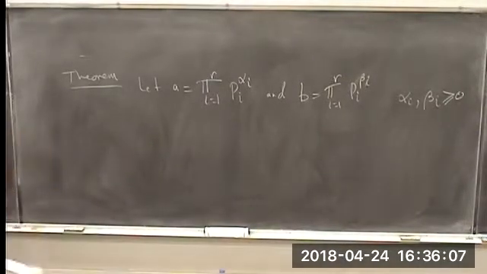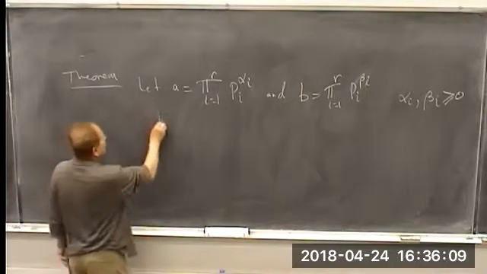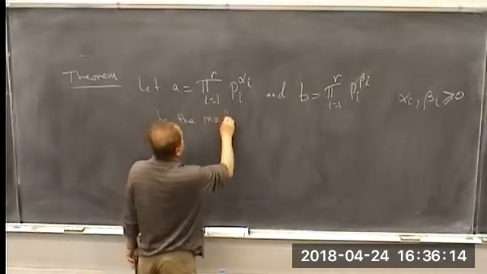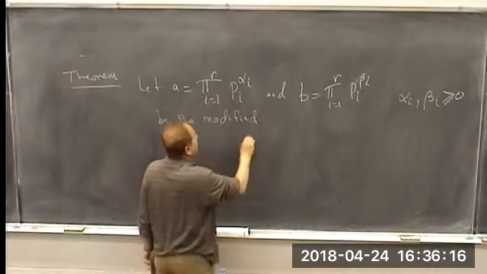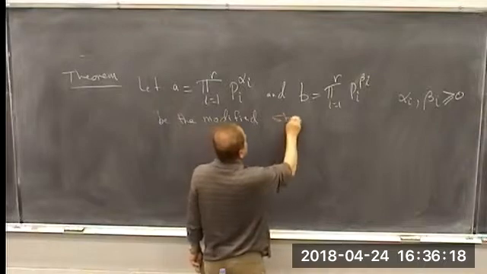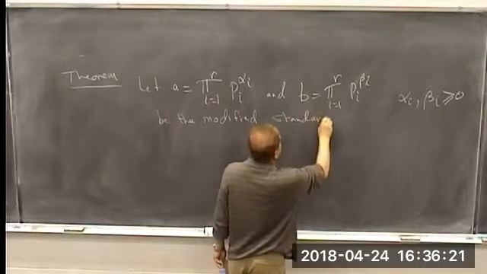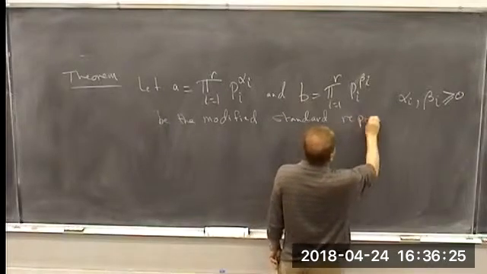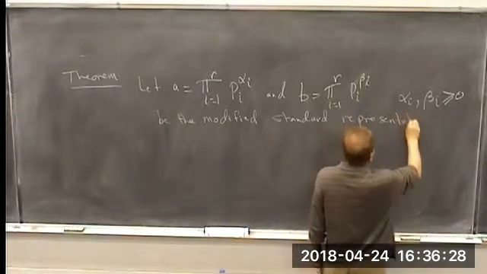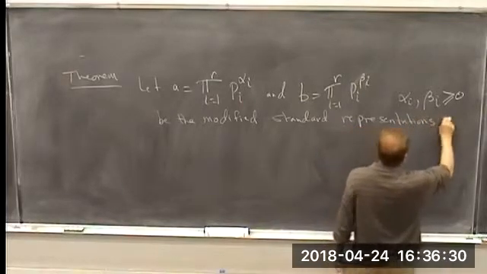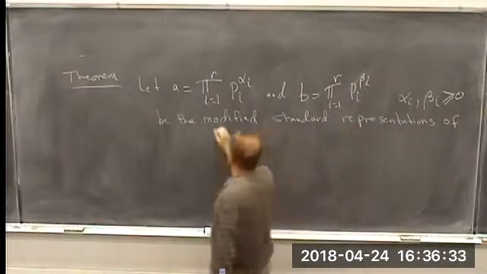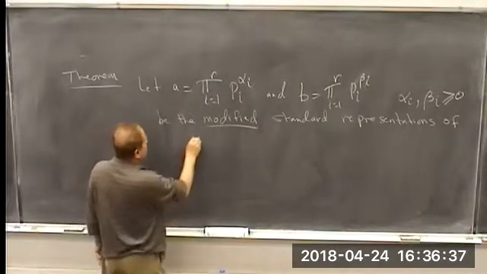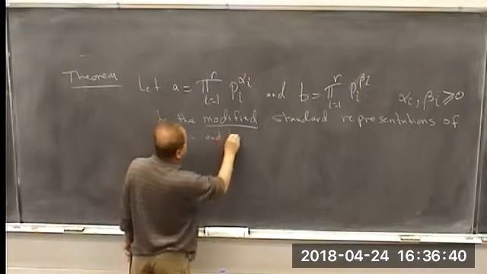So these are the prime factorizations, the modified, if you like to say, modified standard representation of A and B. The modified means I allow exponents to be 0.